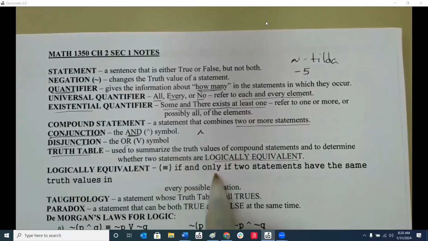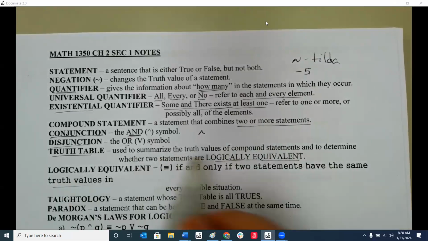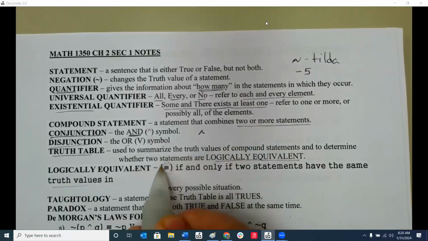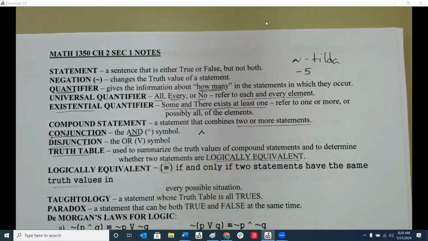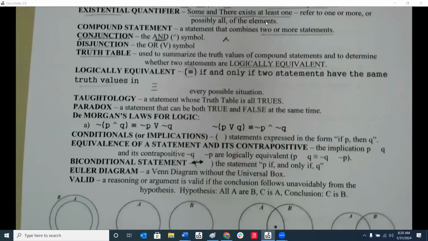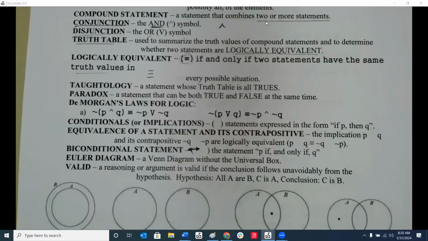That means that if and only if two statements have the same truth values in every possibility. Here's a symbol we use for logically equivalent. It's the triple equal sign. And we're going to see what that means in a minute.